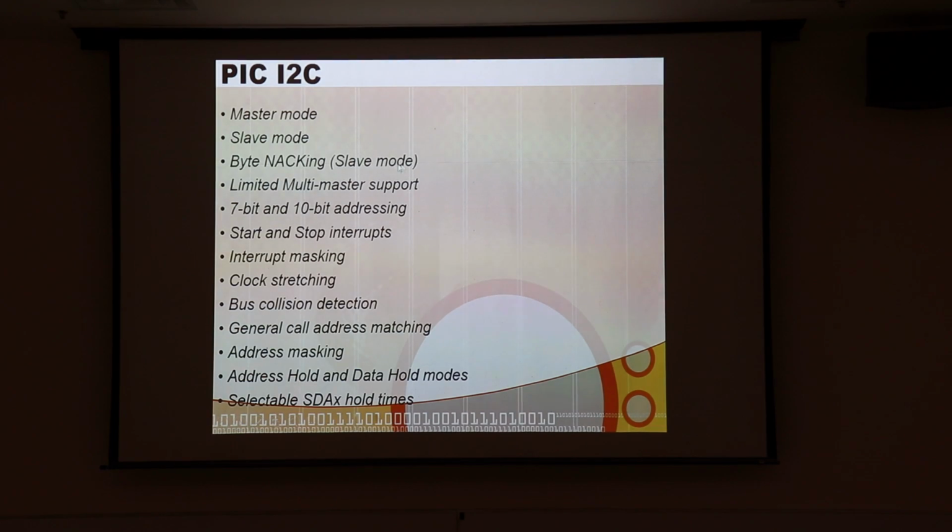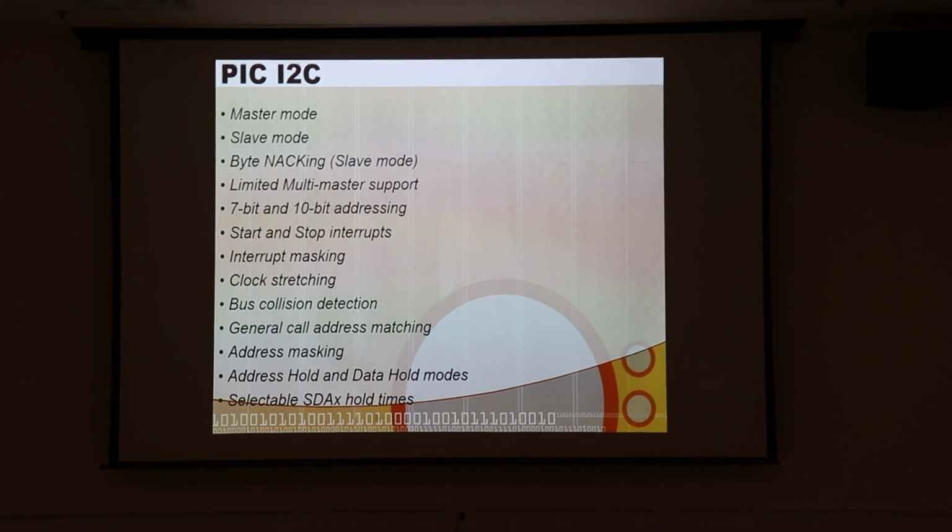I'll explain that, but basically whenever you transmit data from slave to master, or from master to slave, there's an acknowledge bit that needs to be sent. If you didn't get the bits, if for some reason there was a problem with the transmission, you can send a NAC, a not acknowledge.